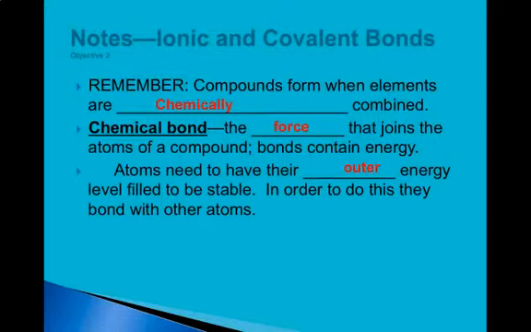When we're talking about those outer energy levels, we're discussing the levels of electrons. To review again, the first level needs 2 electrons, the second level needs 8 electrons, and the third level either needs 8 or 18 electrons to be considered filled and stable.